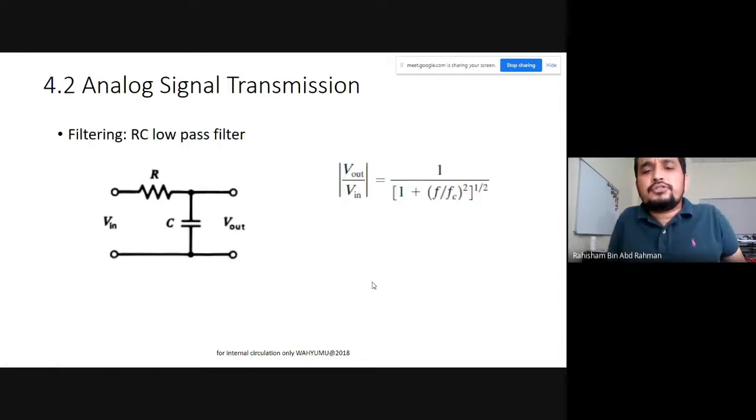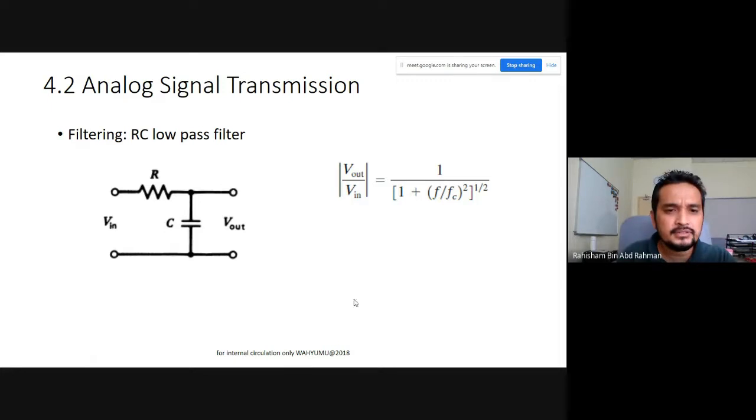The same goes for the RC low pass filter. We have the low pass filter circuit. What we need to calculate is the R and the capacitance, and this is the formula: V out over V in equals 1 over the square root of 1 plus the fundamental frequency divided by the frequency to the power of 2.